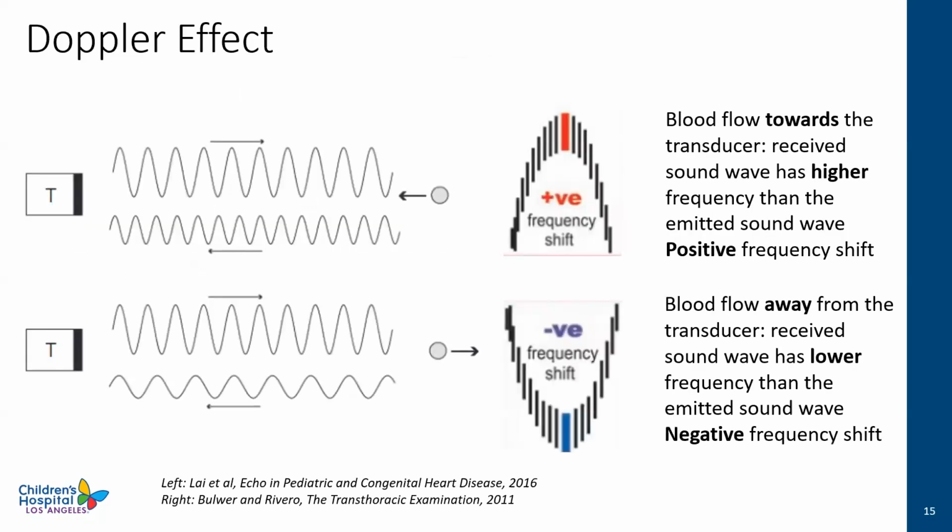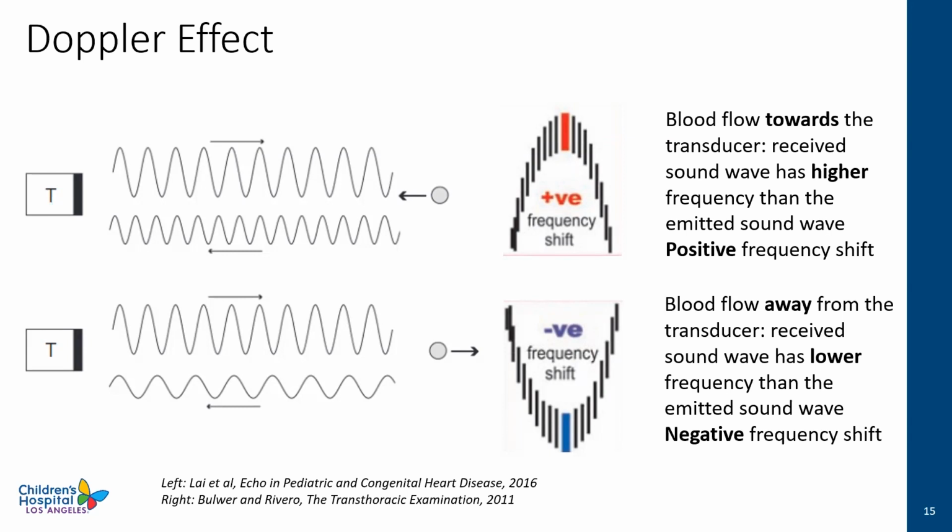So going into more of the hemodynamic measurements, Doppler effect is used to assess the velocity and direction of blood flow. So sound waves that hit an object moving towards the sound source are going to be reflected with higher frequency than sound waves emitted from the sound source, which is that top figure. And that leads to a positive frequency shift.